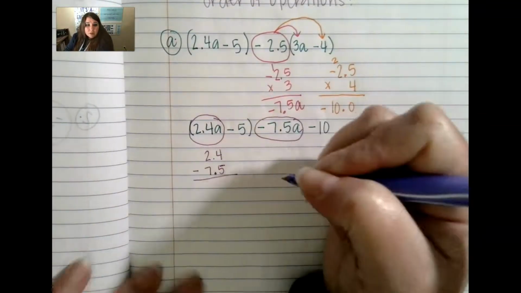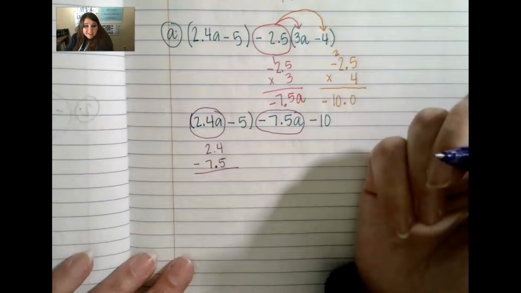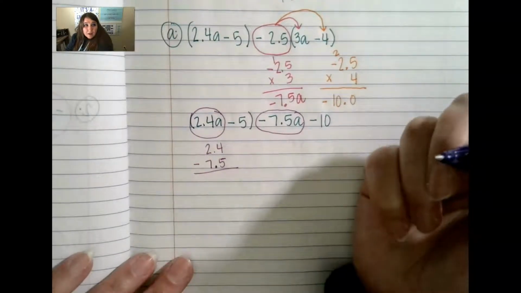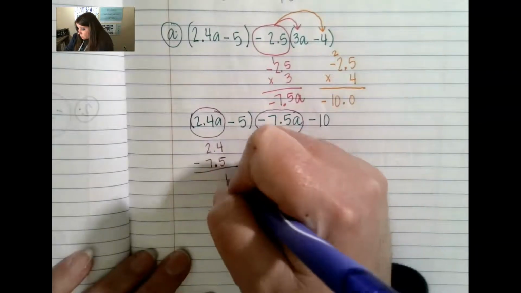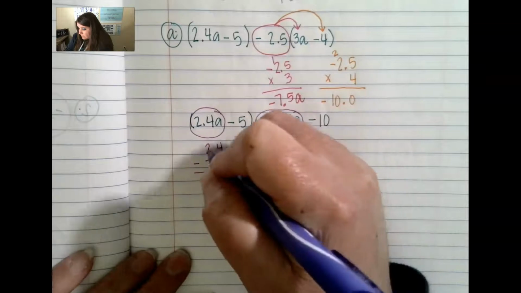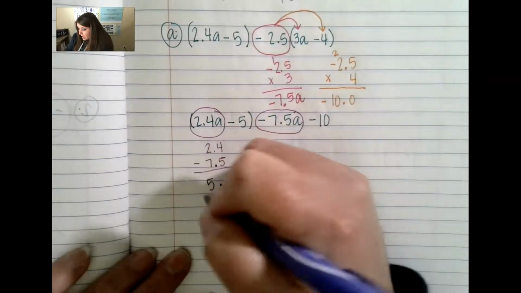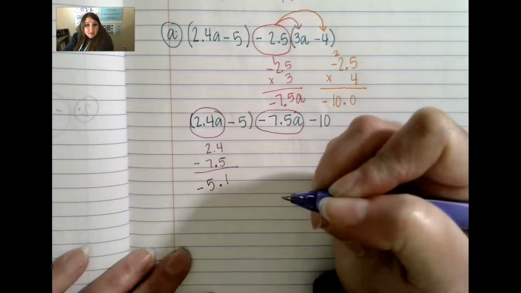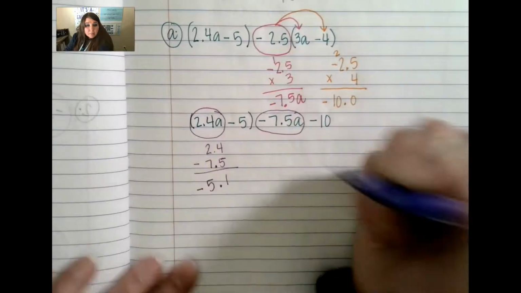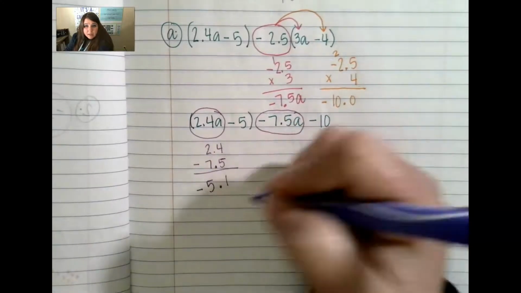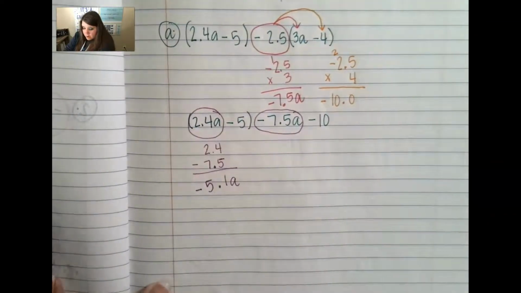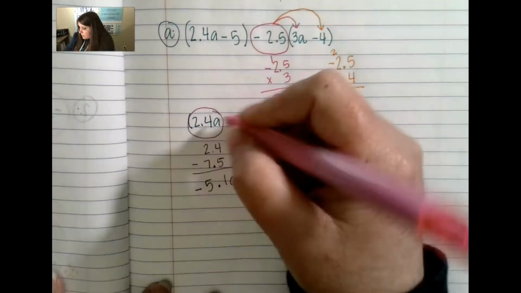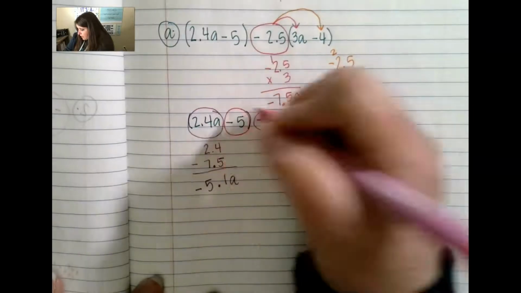Okay, so I'm going to try to subtract these, or I can add on the negative if I wanted to. So the difference here is 1, and the difference here is 5, and it's a negative because the negative is on the bigger. So I get negative 5.1a for my first part.